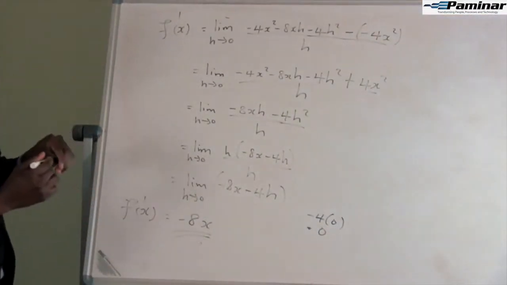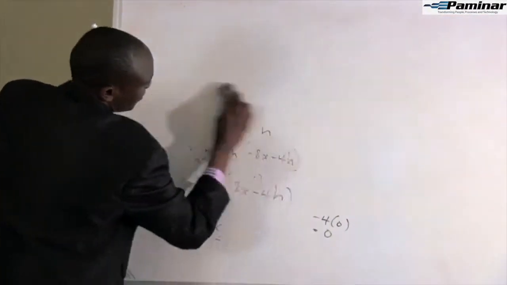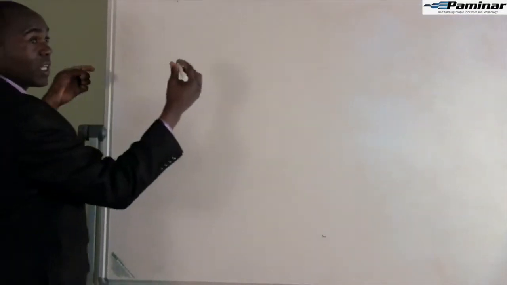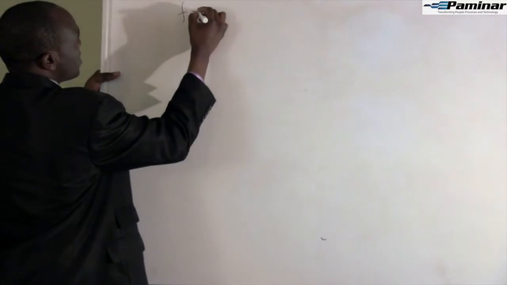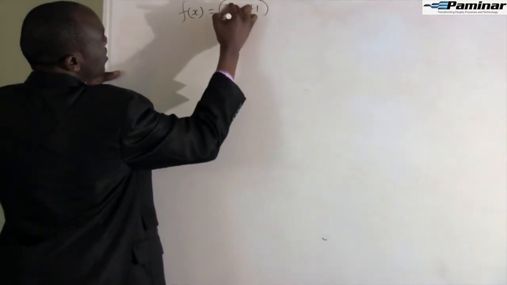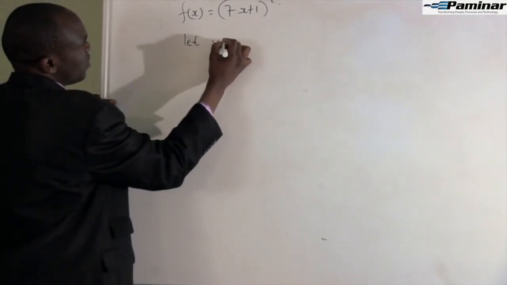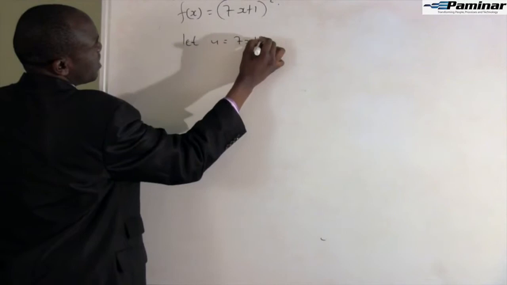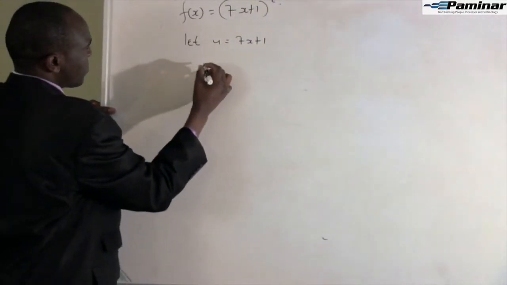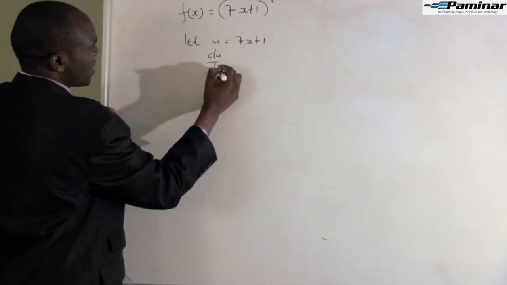Now for the chain rule, you say, remember f of x is 7x plus 1 squared. You just say let u be 7x plus 1. So what are we going to remain with? Okay, let's differentiate this one.